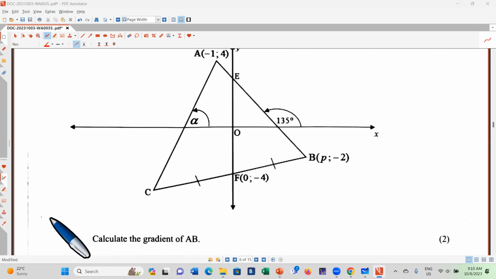Right, so the gradient of the line AB, because we have been given the angle of inclination, it actually therefore is the tangent of 135 degrees, and we use our calculator to do this. And the tangent of 135 degrees is -1, and therefore the gradient of the line AB is -1. So we have solved this question from the trial paper.